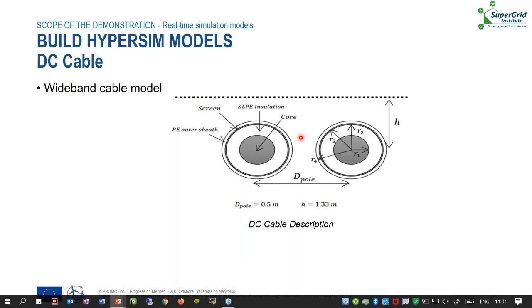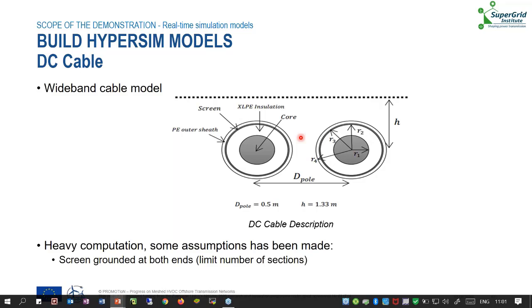Now the DC cables that we used are wideband cable models, which is a cable able to represent different transmission modes at different frequencies. It is an accurate model that will give us a nice representation of DC fault transients. Some assumptions with respect to the cable have been made in order to simplify the model and avoid reaching the computation limits of our simulation target.